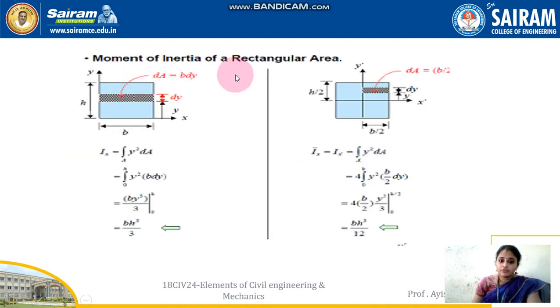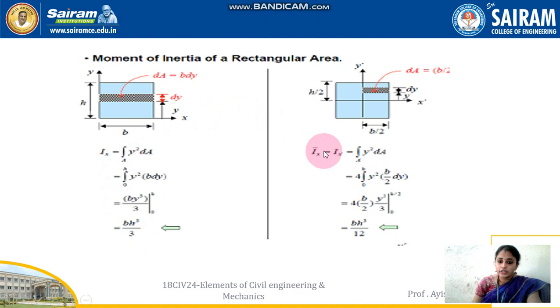Okay, so here we can see a rectangle. This rectangle is the same as the one in the centroid topic. They are taking base as b, height as h, and the elemental strip as dy. So dA is equal to b into dy, and we know that Ix is equal to integration of y square dA. By substituting dA, which is b into dy, you get the answer as bh cube by 3.